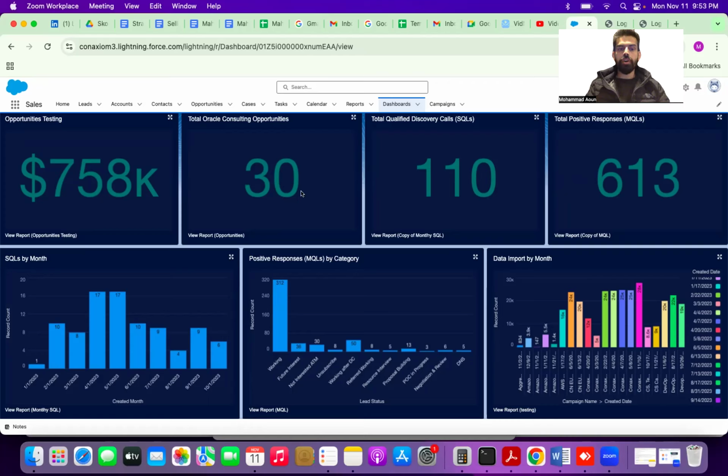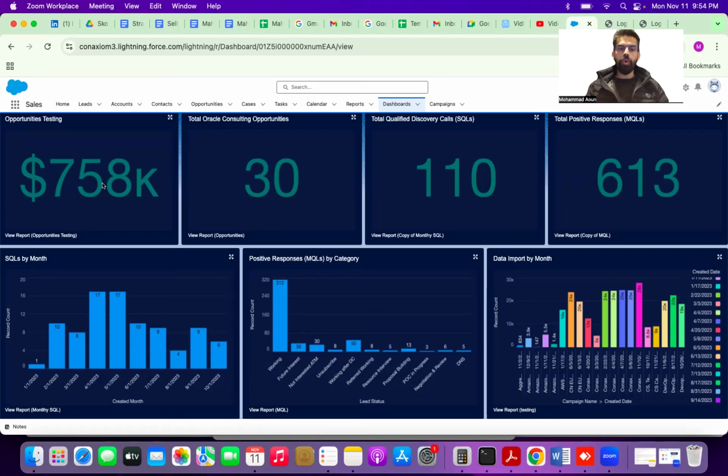I got 30 opportunities, and out of those 30, I closed 7 accounts, which converted into $758,000 over the course of a 1.5 to 2 year period. In the first year, the accounts come in and they are typically smaller engagements, but if you keep on serving them, the lifetime value of that account really grows.